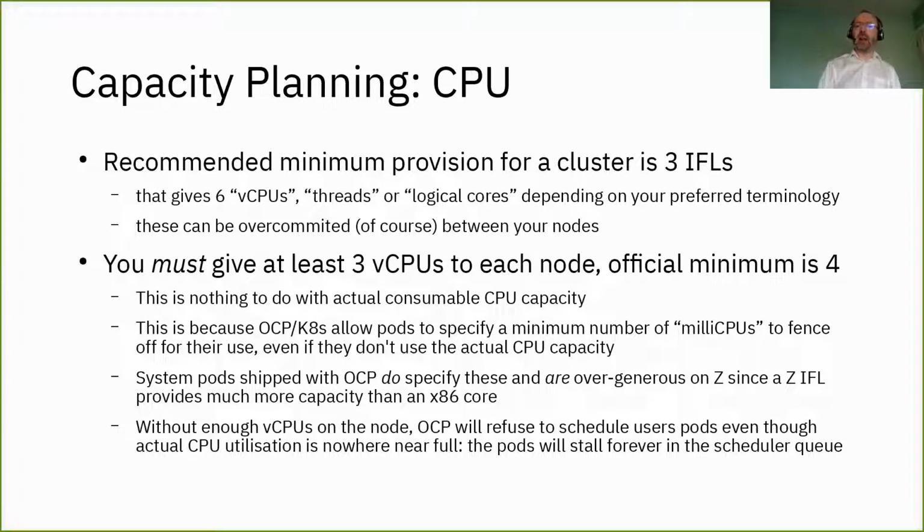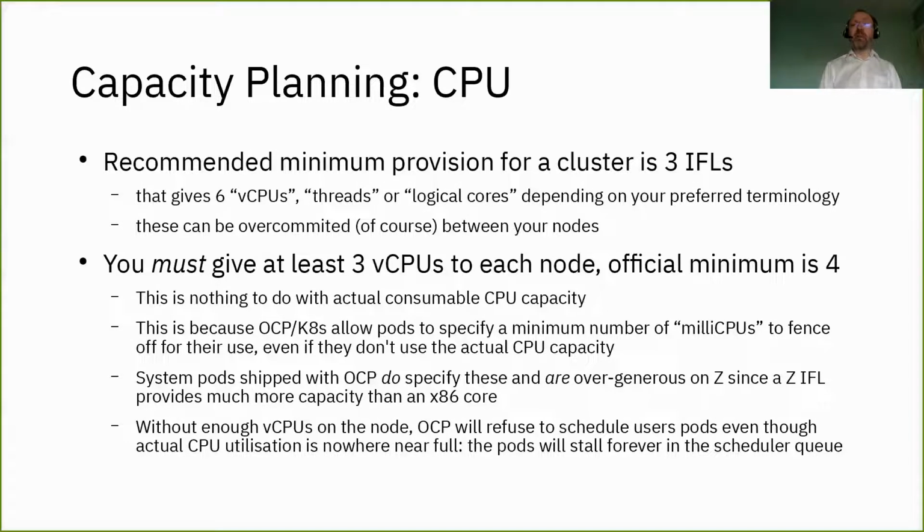You can share and overcommit those in all the usual ways. You're not dedicating CPUs in any way. However, you do need to give at least 3 vCPUs. Remember SMT's on, so you've got 6 vCPUs for your 3 IFLs.